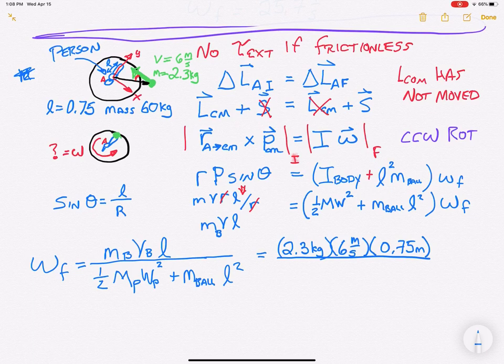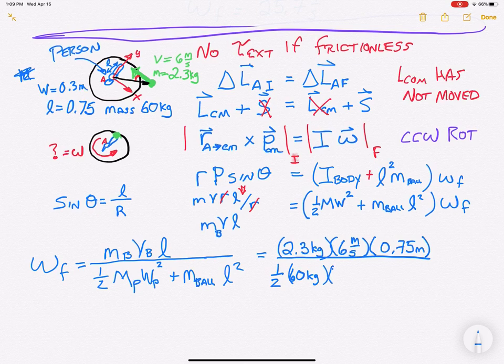Then down below we get 1/2 the mass of the person, which is 60 kilograms. We need the width. So the W of the person is going to be what? Maybe a foot. So 0.3 meters.